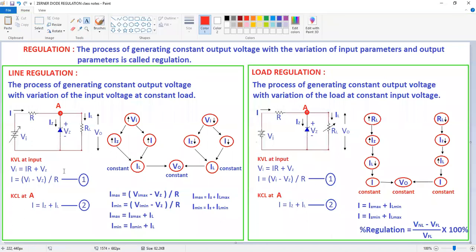KVL at input side, same equation. KCL at node A, same equation. Now, how is the output voltage constant? By varying this load resistance.